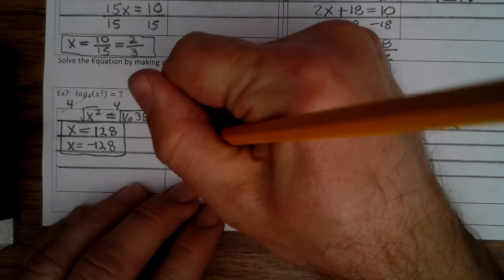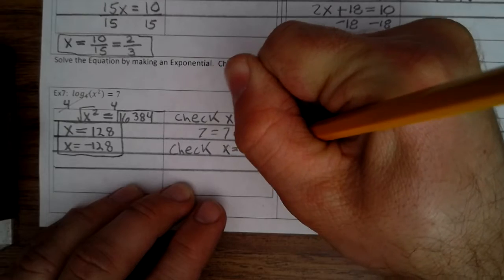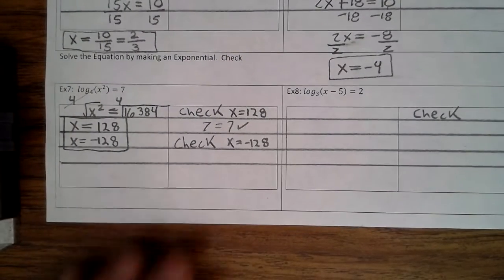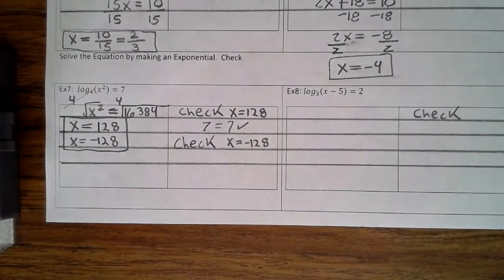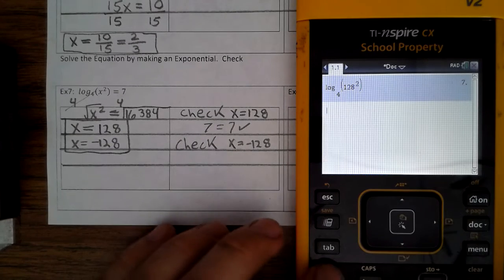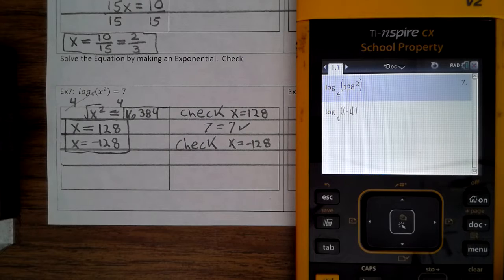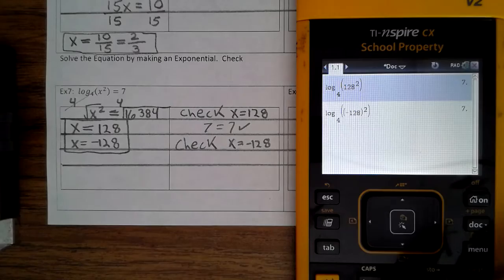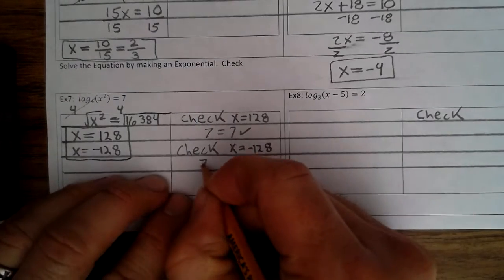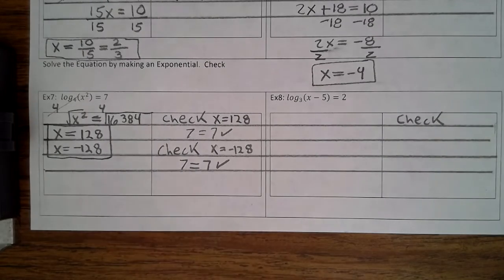Now let's check x equals negative 128. Again with our calculator, we're going to do control log of base 4. When you square a negative number, it needs to be in parentheses. And you can see it equals 7. So 7 equals 7. So they both check. Okay, last example.